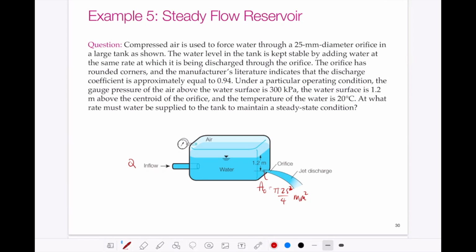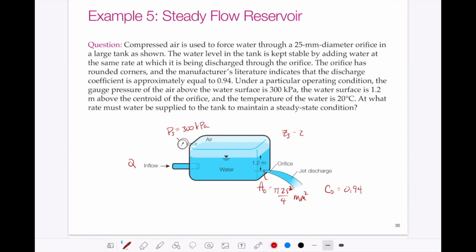And it doesn't tell us what this is. The orifice has rounded corners, and the manufacturer's literature indicates that the discharge coefficient is approximately equal to 0.94. So we have CD is equal to 0.94. Under a particular operating condition, the gauge pressure of the air above the water surface is 300 kPa, and the water surface is 1.2 meters above the centroid of the orifice.